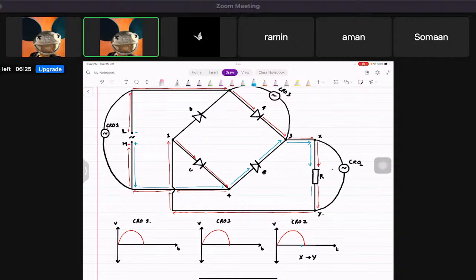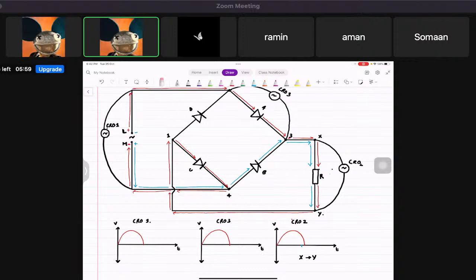And if you notice something interesting, although at the start the red and blue current were in opposite directions, you get it? But when it reached the resistor, they both have the same direction. So we actually made them move through the same direction.